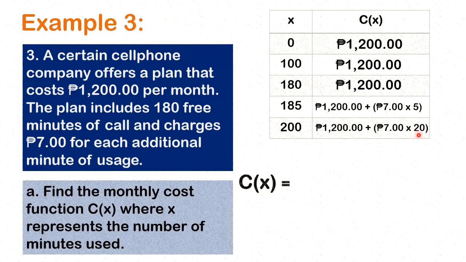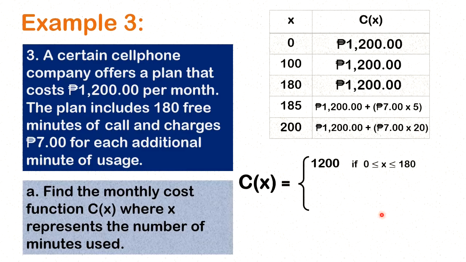It's like this. Okay? It's a piecewise function. Okay? Kapag yung X natin, the number of minutes used is between 0 up to 180 minutes, ito lang ang babayaran natin. 1,200.